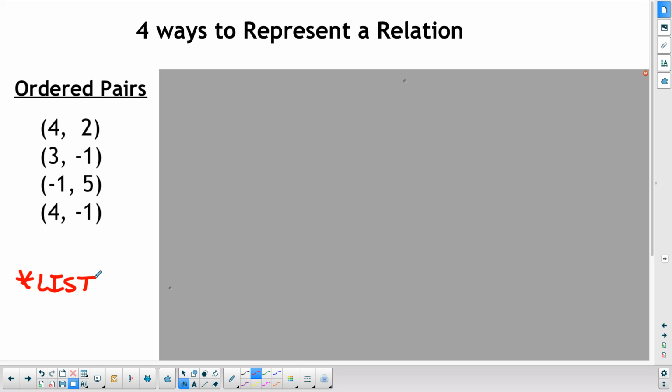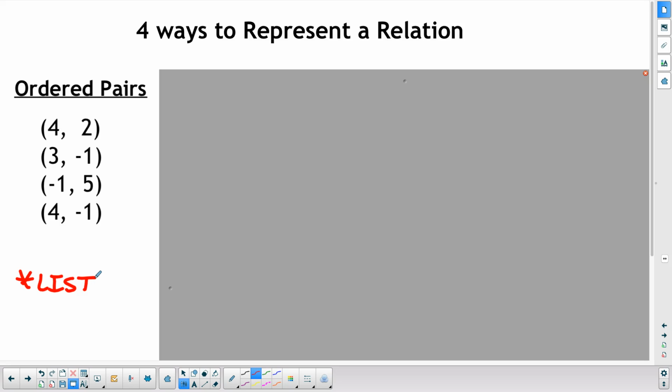Now, in terms of these 4 different ways, the set is always going to be the ordered pairs (4, 2), (3, -1), (-1, 5), and (4, -1). I didn't change that so that it looks funky or anything like that.